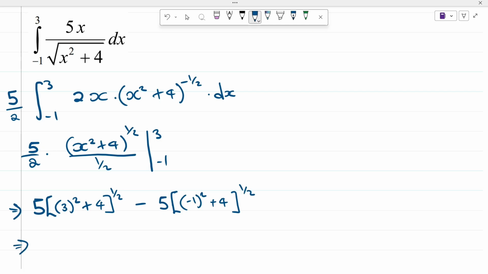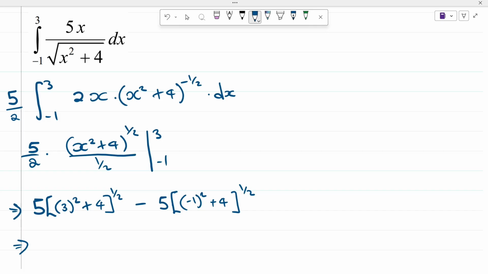Then you do this on your calculator, you just punch. So when you punch on your calculator, this is going to be 5 square root of 3 squared plus 4 minus 5 square root of negative 1 squared plus 4.